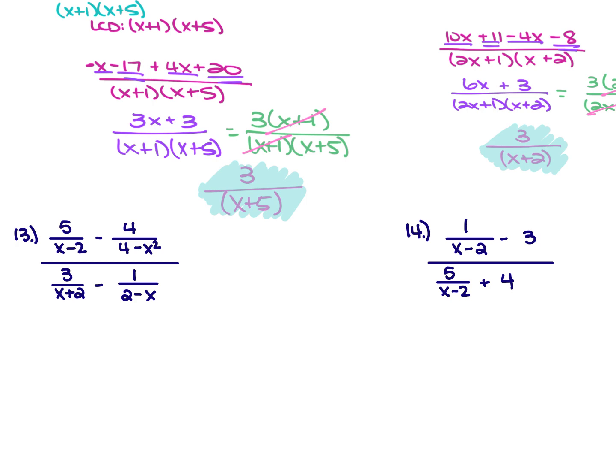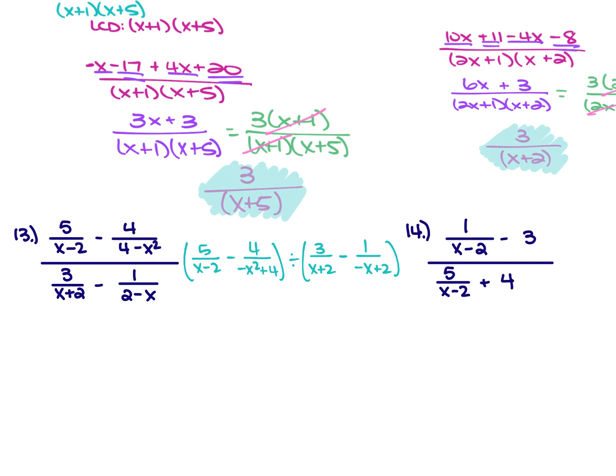The top is going to be put in parentheses, and it's just 5/(x − 2) − 4/(−x² + 4). The bottom gets rewritten as 3/(x + 2) − 1/(−x + 2). From the first set of parentheses here, you are going to factor that negative x² + 4.